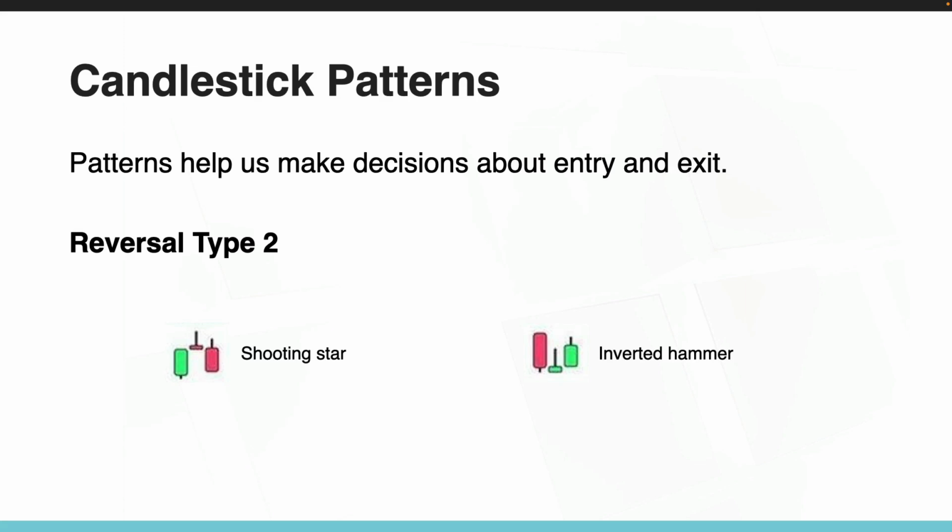As you can see in the diagram, it's very similar to our reversal type number 1, but the focus is really on the middle candle, where we can see that we have a small body with a longer top wick for the shooting star, and with a smaller body and almost non-existent lower wick, and that is basically a shooting star. For the inverted hammer, we have the same thing, where we have a small body, longer wick, and we can see a reversal pattern forming.